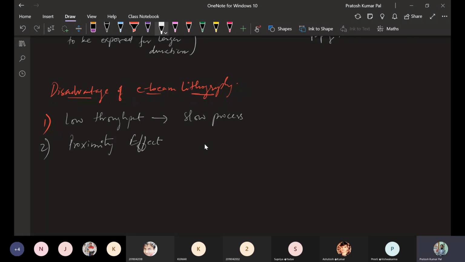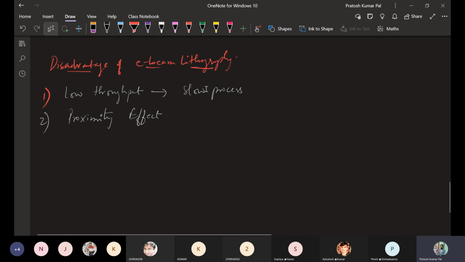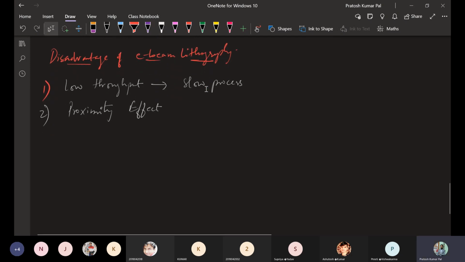In e-beam lithography, there is an effect called the proximity effect. So in the proximity effect, what happens? We will see that.